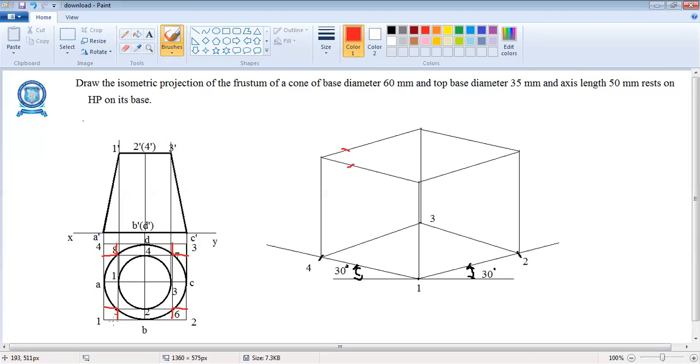Measure the points from 1 and mark it here. And measure the point from 2 and mark it here. And measure the point from 3 and mark it here.